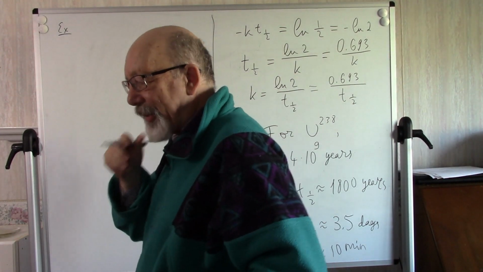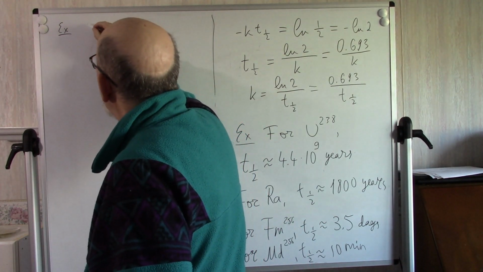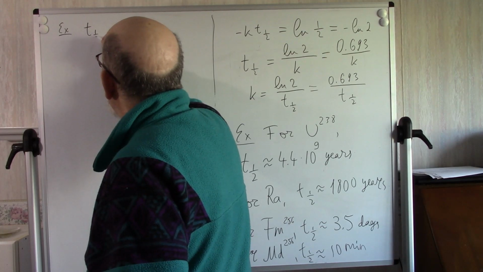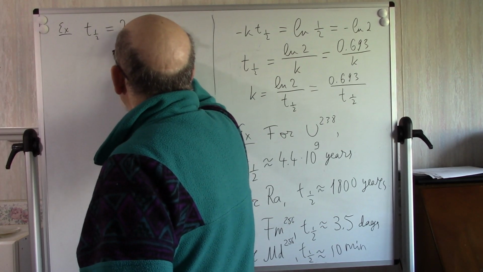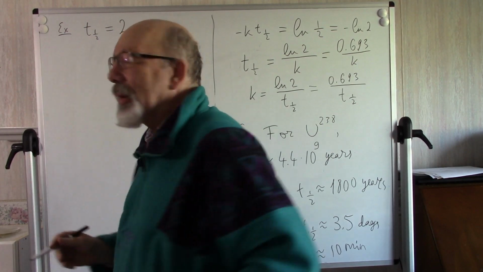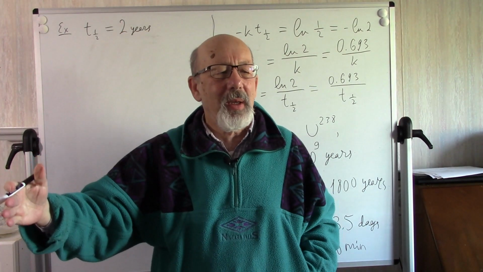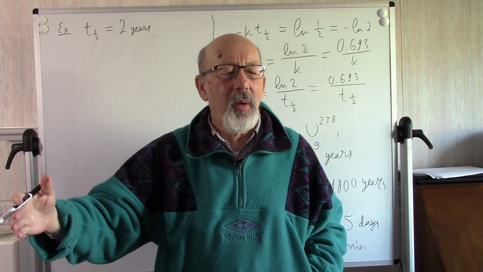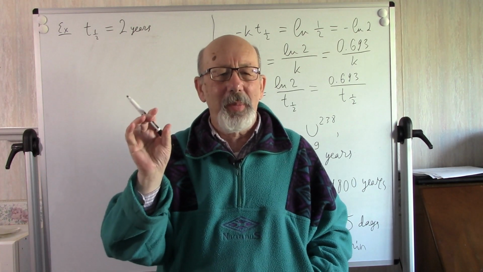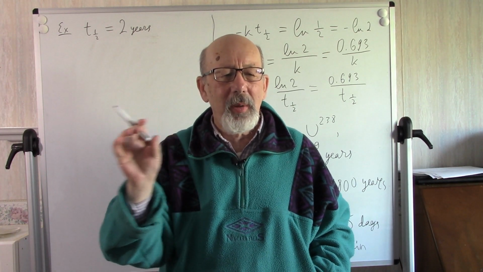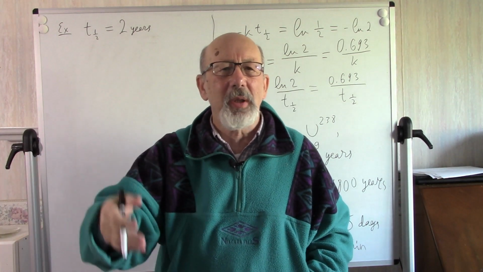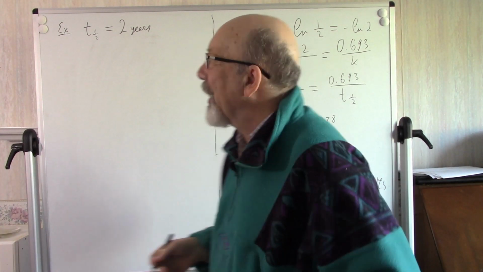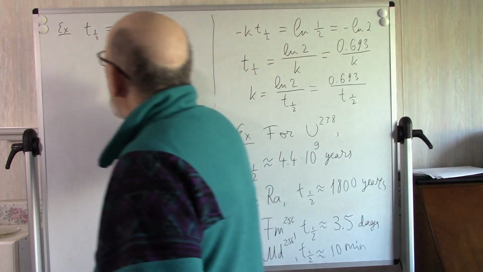Suppose we have a substance such that its half-life equals, say, 2 years. So in 2 years, the number of atoms of the sample will become just half of the initial.